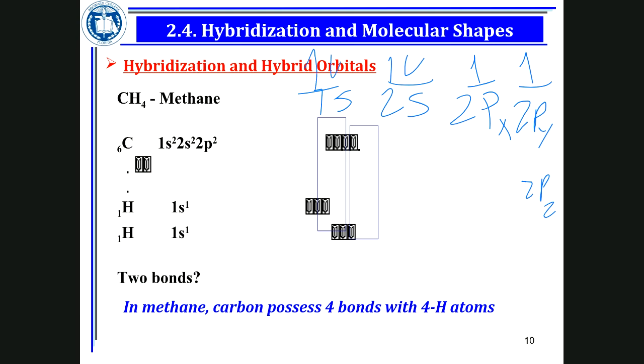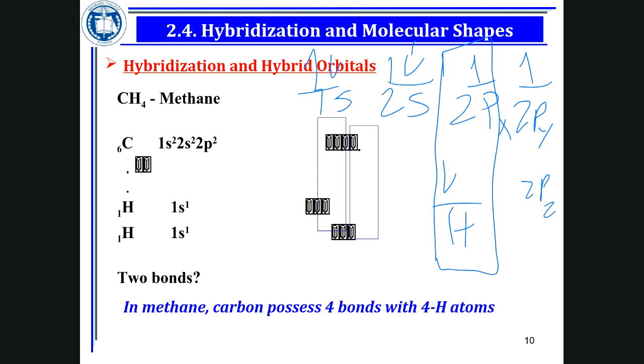Now, based on the orbital theory, you have a hydrogen that has one s orbital. The bonding is going to form only between orbitals that have single electrons. So the bonding is between the 2px orbital and the hydrogen, because 2px has one electron and hydrogen has one electron, so these two are going to overlap and form a bond.